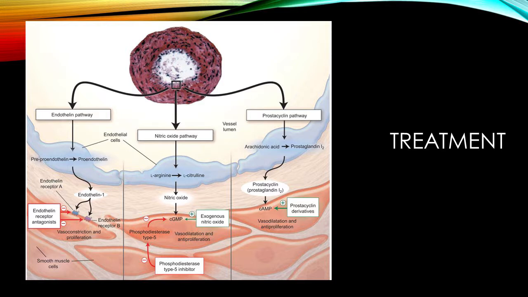These were drugs that were initially created for pulmonary hypertension, drugs like sildenafil and tadalafil, that were also found to be beneficial for erectile dysfunction. And so some of these drugs have multiple purposes.